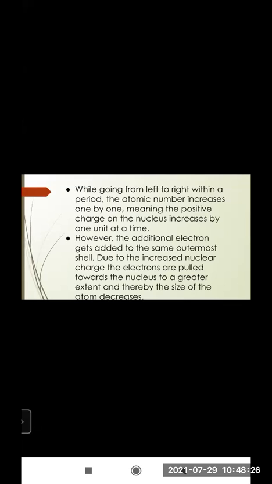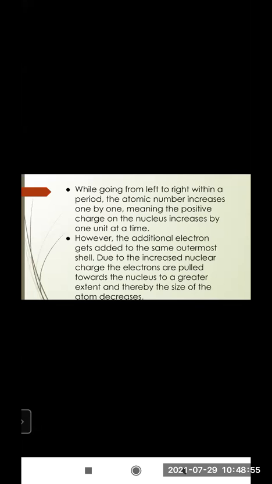While going from left to right within a period, the atomic number increases by one, meaning the positive charge on the nucleus increases by 1 unit at a time. However, the additional electrons get added to the same outermost shell, and due to the increased nuclear charge, the electrons are pulled towards the nucleus to a greater extent, and thereby the size of the atom decreases.